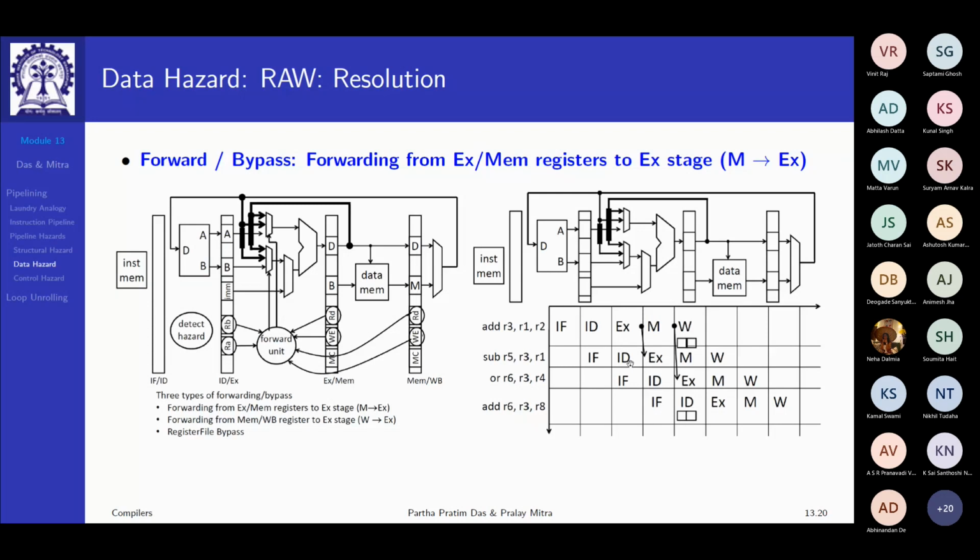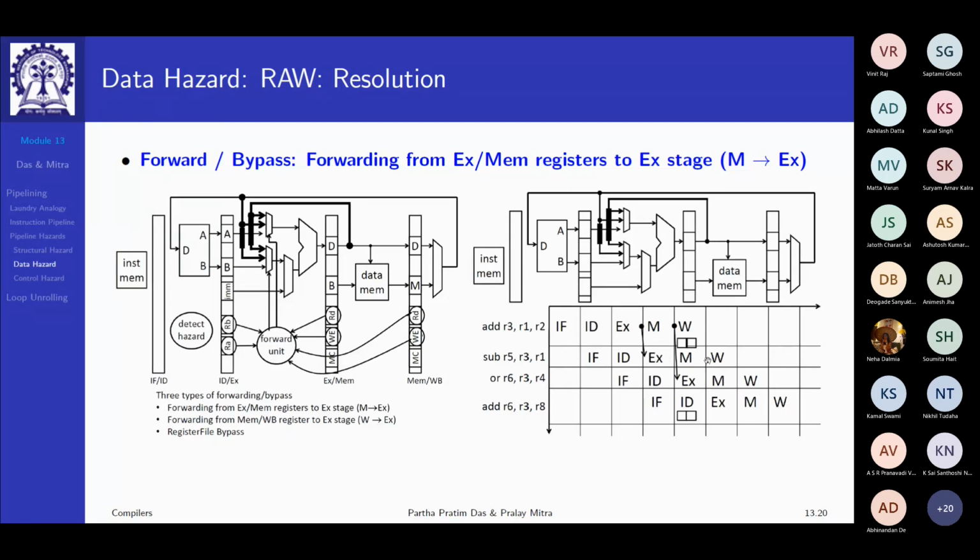In the decode phase, it is the responsibility of the forwarding unit to make sure that it does not try to read from R3, which is a wrong value because it has not been updated. But the value that it needs for R3 is directly passed on from the forwarding unit to this ALU.